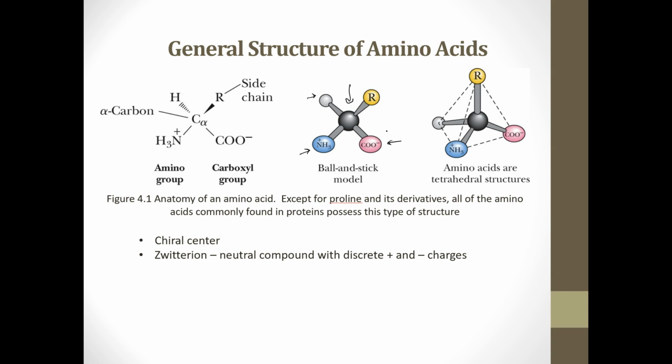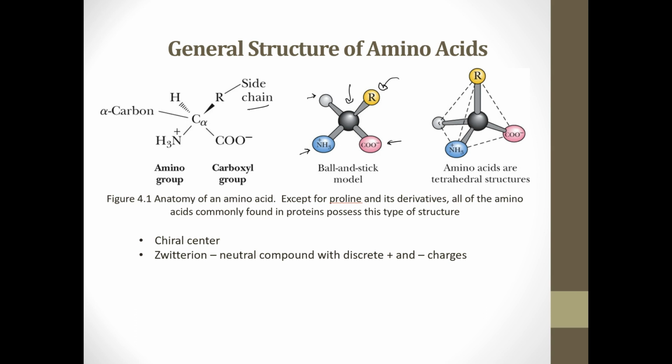Now, what gives each amino acid its identity is the presence of the R group. So everything else is the same. You have your proton, your amino group, and your carboxylate, but the R group defines the unique chemistry of any particular amino acid. And often these are referred to in biochemistry as side chains, although R group is more typical of organic chemistry nomenclature.